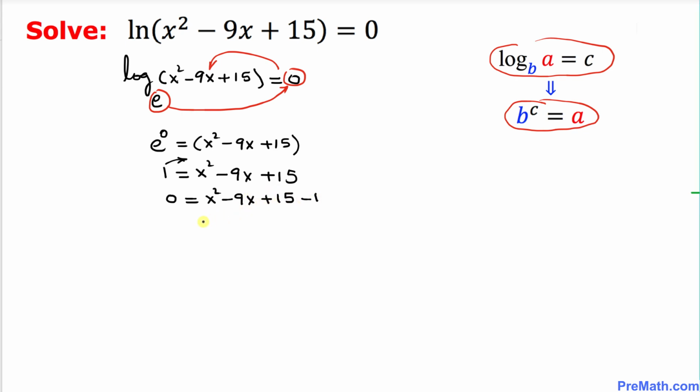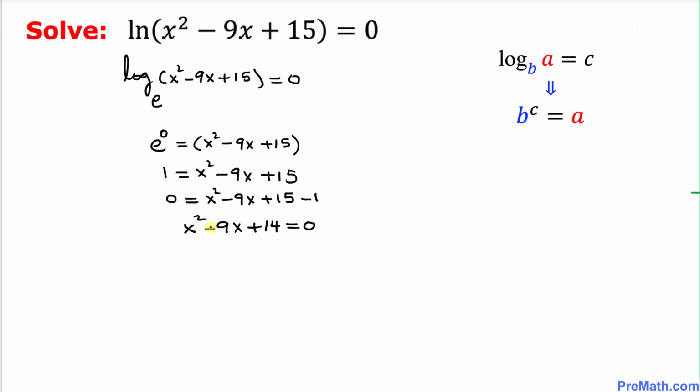So let's simplify this one. That's going to give us x squared minus 9x plus 14 equal to 0. And this is our quadratic equation, which can easily be factored into x minus 2 and x minus 7, which is equal to 0.